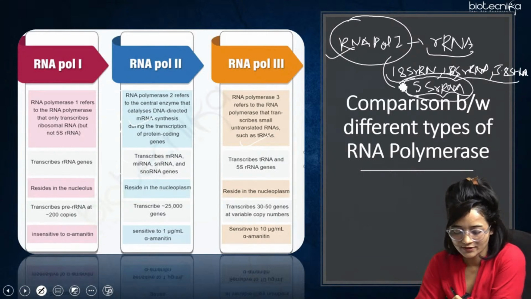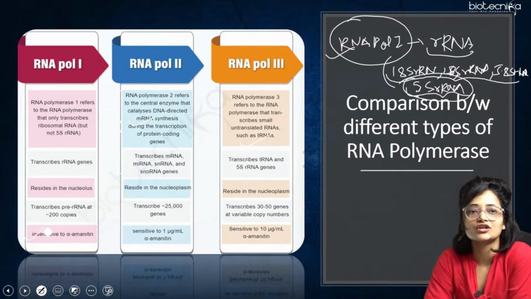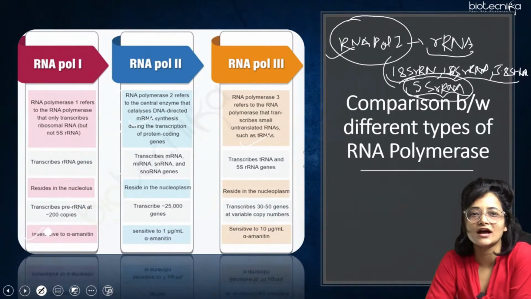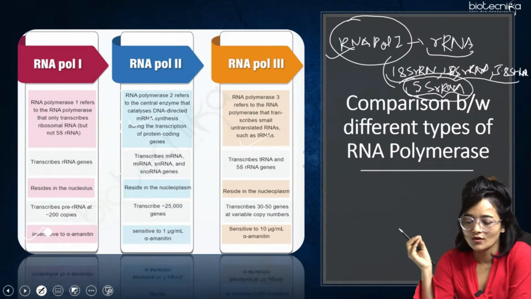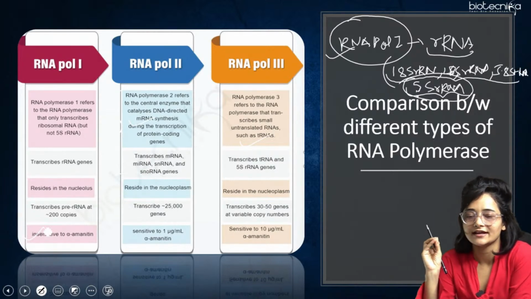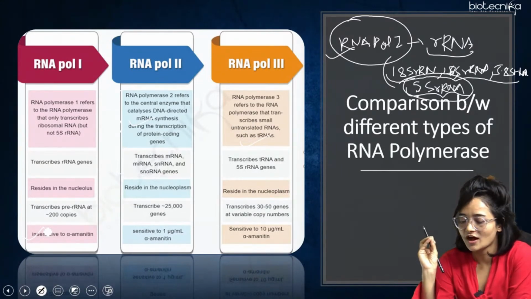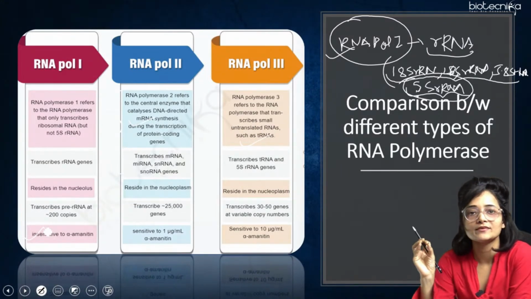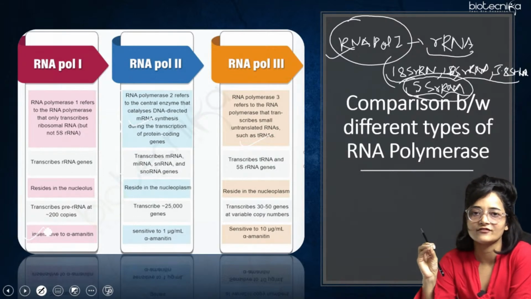Then, yes, another important question which comes in the exam is related to the effect of alpha amanitin on these particular RNA polymerases. For RNA polymerase 1, it is insensitive to alpha amanitin. RNA polymerase 2 is sensitive to even 1 microgram per milliliter of alpha amanitin.